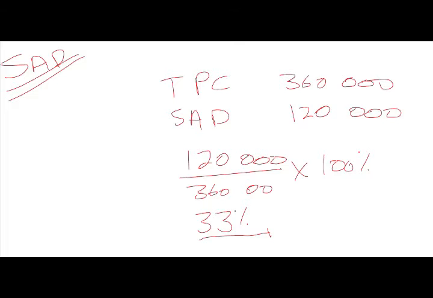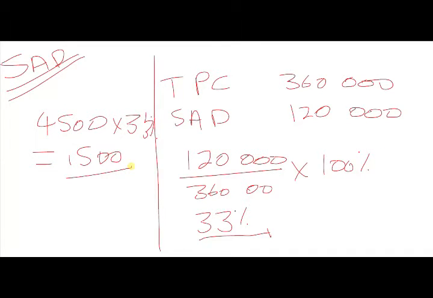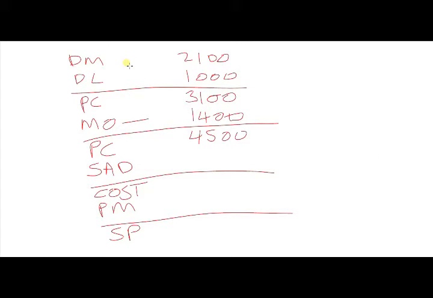So that would be 4,500 multiplied by 33%, which gives us 1,500. So now our total cost is 6,000. These are the costs for this job now.